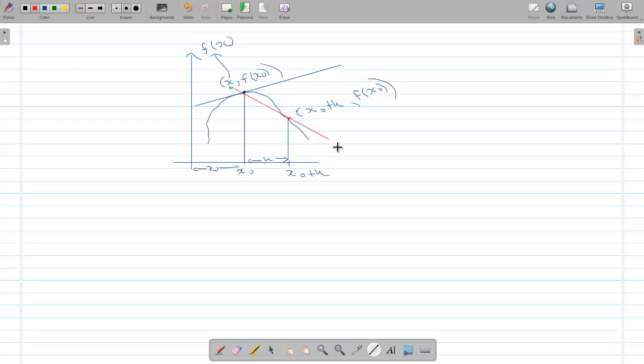Okay. Now I can find the slope of the secant line.